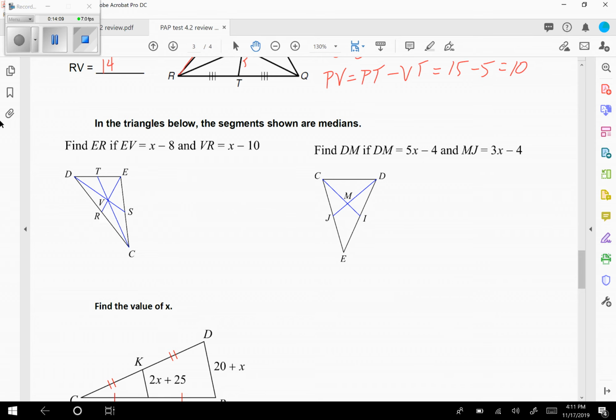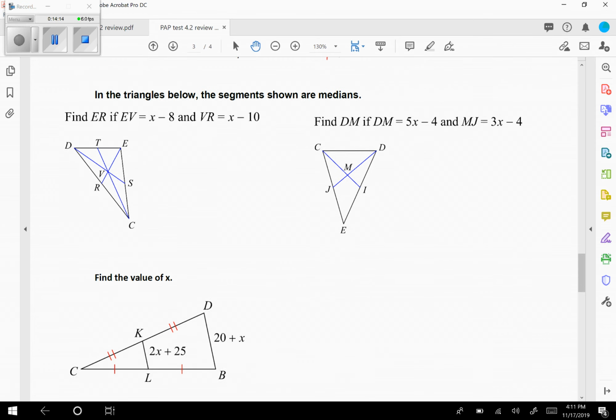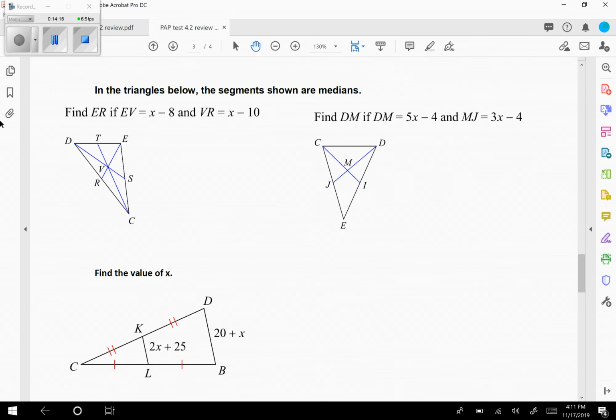In the triangles below, the segments shown are medians. Find ER if EV is x minus 8 and VR is x minus 10. So they tell us EV is x minus 8 and VR is x minus 10.